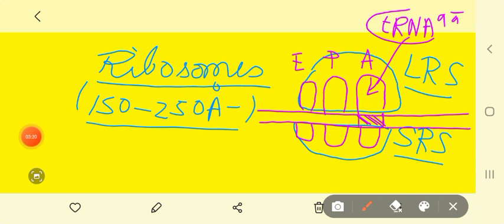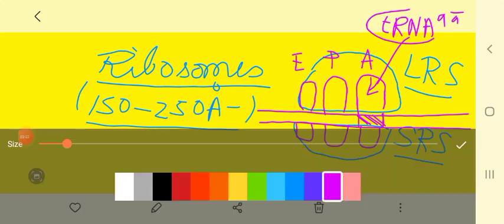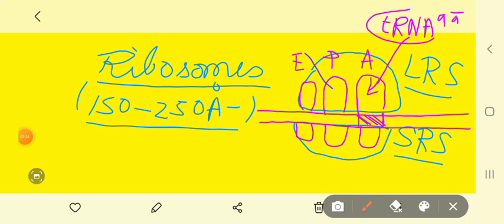Well, what about the P site? In the P site, the main peptidyl transferase reaction is carried out, where the tRNA located in the P site will transfer its amino acid to the tRNA in the A site.